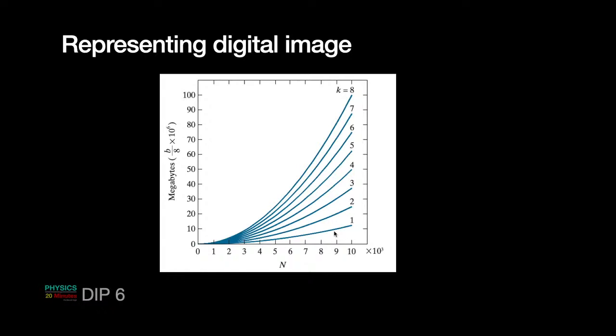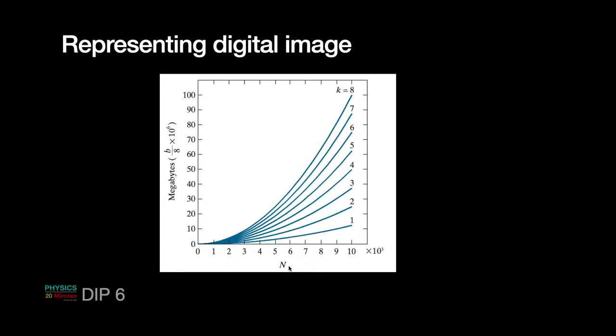But here is the memory requirement. As the number of bits increases and the number of pixels increases, the memory requirements shoot up. Towards the later part, I will show you in general that the image becomes clearer and more visually appealing if both N and K are high.